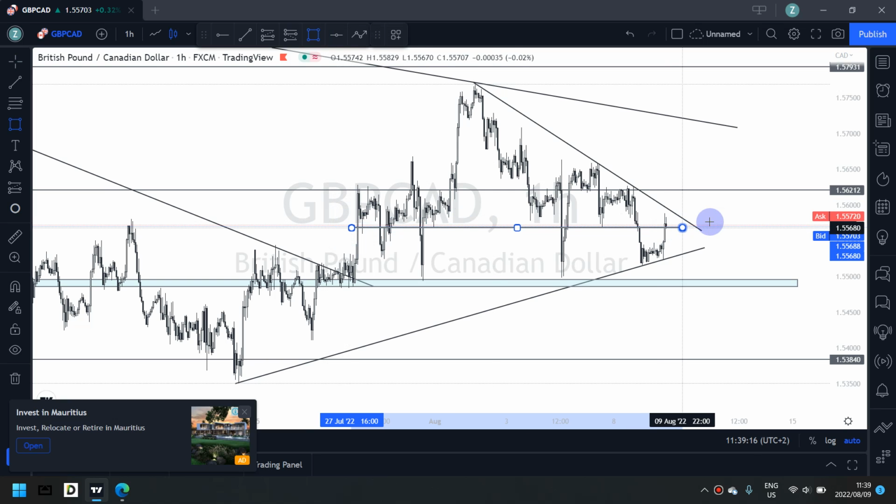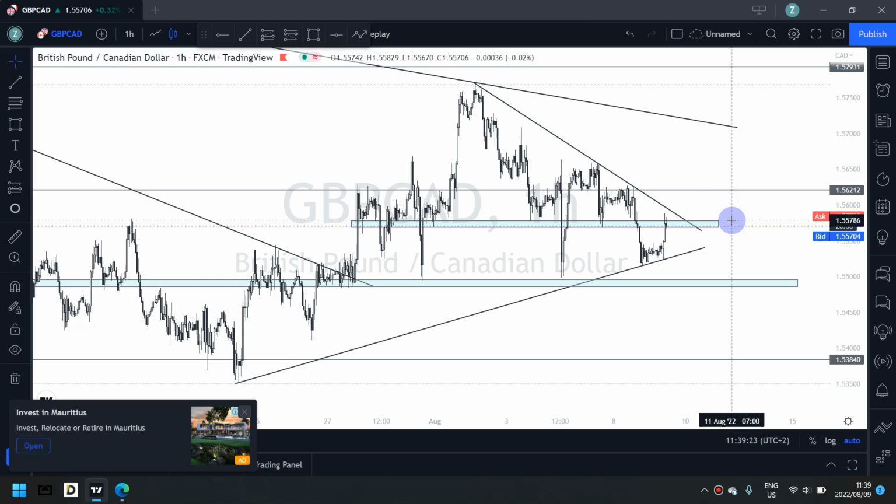So now there's a zone that I also want to cater for, which is this zone right here. So now remember I'm on the hourly time frame, right? So on the 4-hour time frame, we know that the overall direction is south, right? So now seeing that we're on the hourly time frame, there are two possibilities.